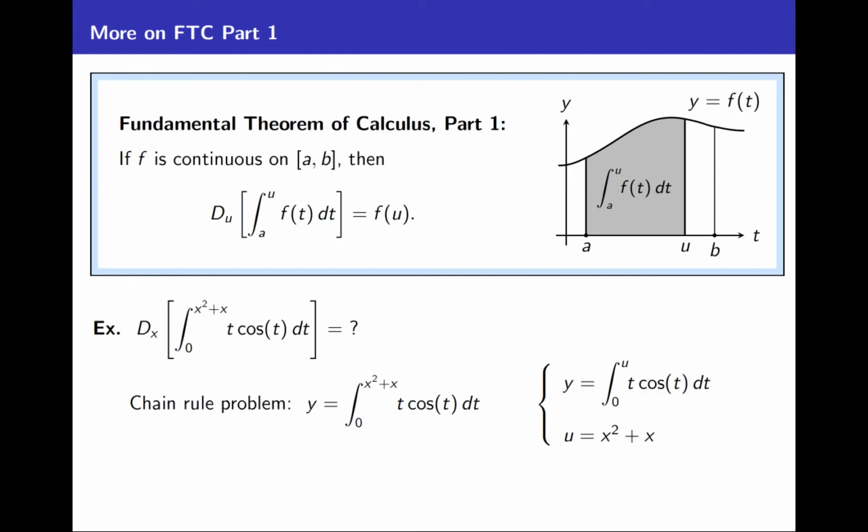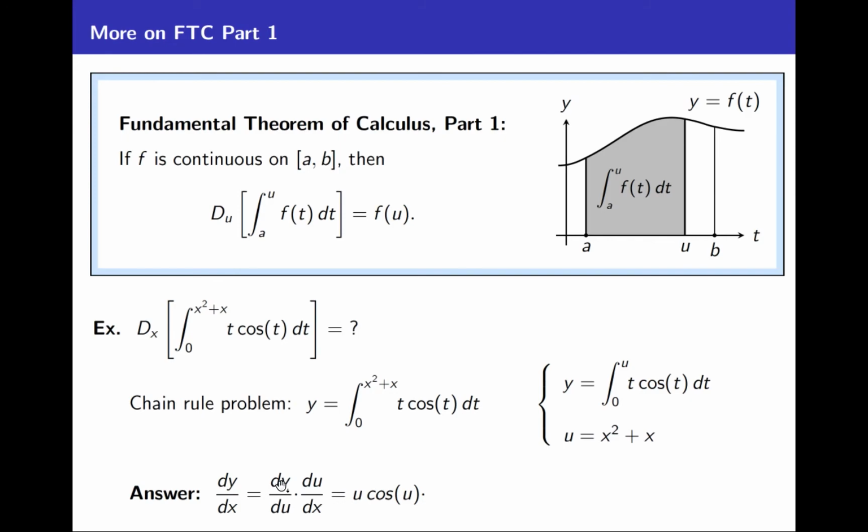With the chain rule, of course. So using version 2 of the chain rule, the derivative we're looking for, dy/dx, will be equal to dy/du, the derivative of the first function here, multiplied times du/dx, which is the derivative of our function u equals x squared plus x. So let's work that out.